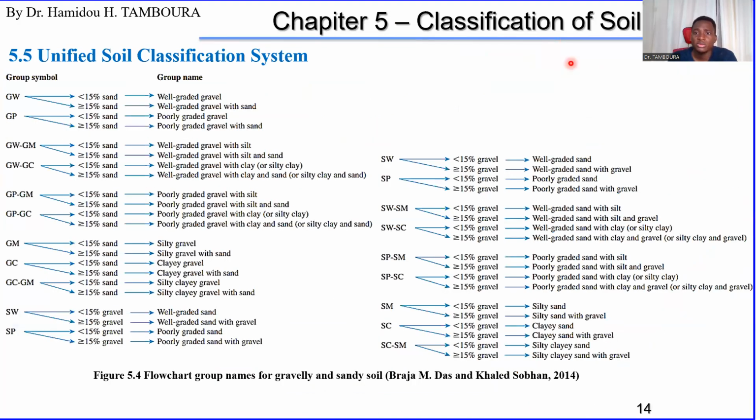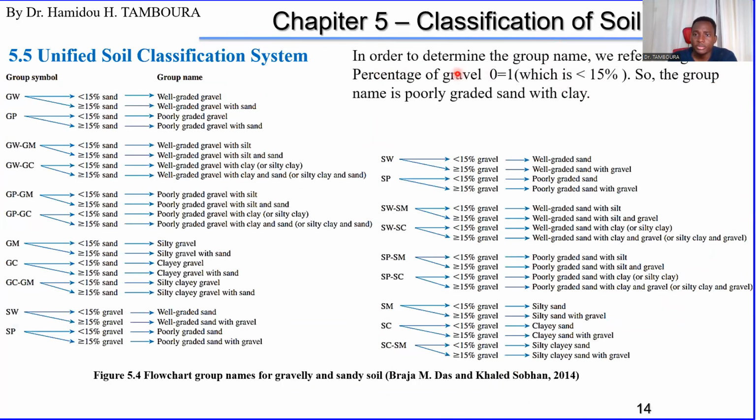And now if we want the name, if you want to determine the group name, okay, we have to refer to this figure 4. So the percentage of gravel, once again, for the gravel, it means 5 or 4.75.